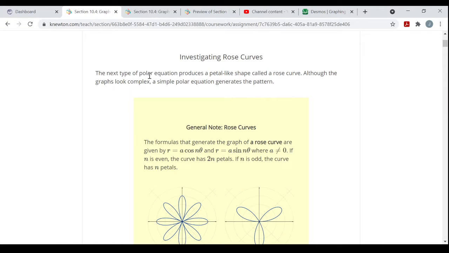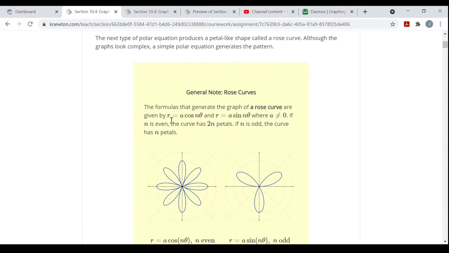So here, the next type of polar equation produces a petal-like shape called a rose curve. But you can see right here from this graph, it looks more like a daisy. Anyway, although the graphs look complex, a simple polar equation generates the pattern. So the equation of a general rose curve looks like the following.